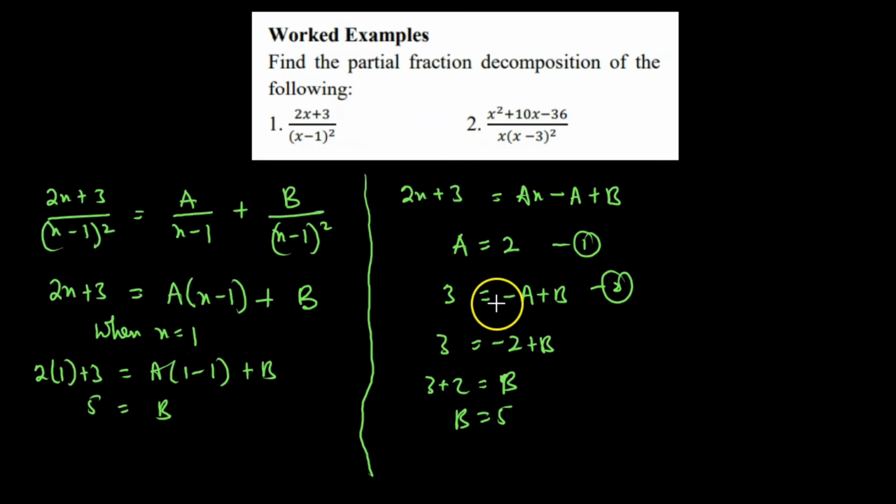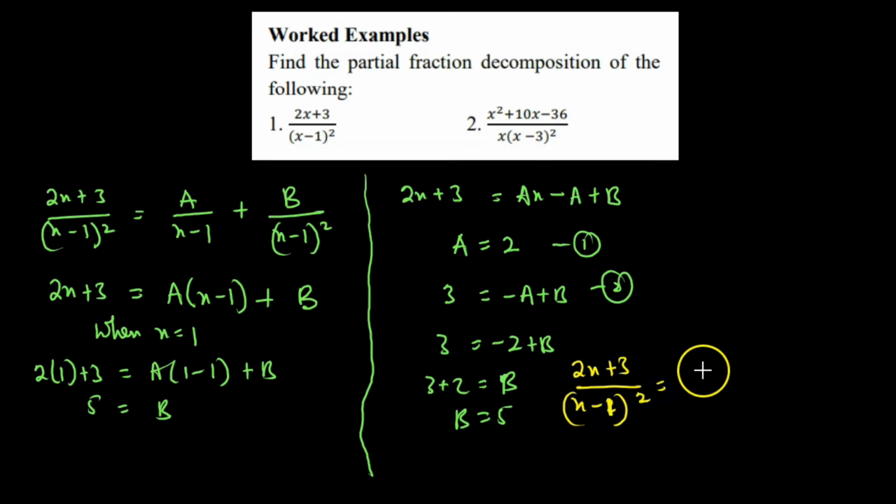So in this case, the partial fraction for, let me use the yellow marker to finalize it, (2x plus 3) all on (x minus 1) all squared.